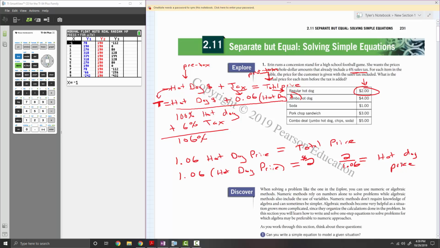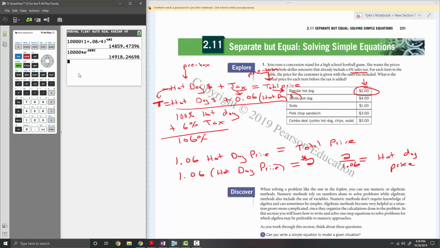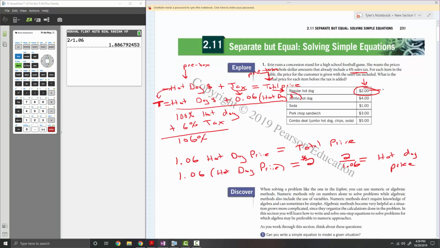Right? So then I can come over to my calculator. Right, so we would take 2 divided by 1.06, and we come up with roughly $1.89, right, if I round to the nearest cent, right? So for the regular hot dog, the pre-tax price would be $1.89, right?